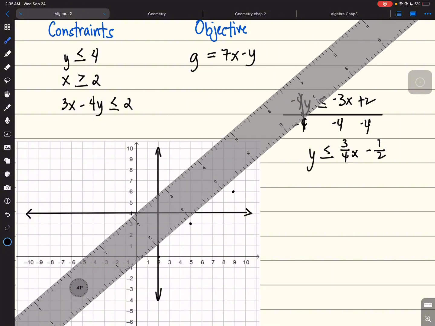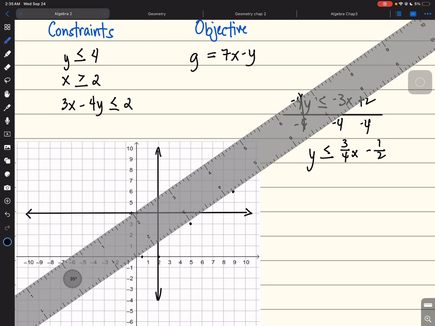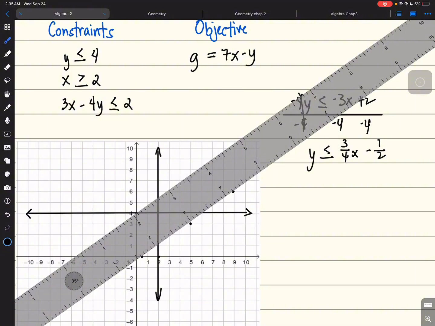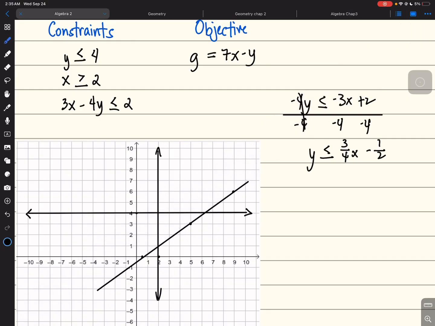Okay, let's connect now the line here. Oops. Okay, same solid line. So if you're going to notice, it creates a triangle.